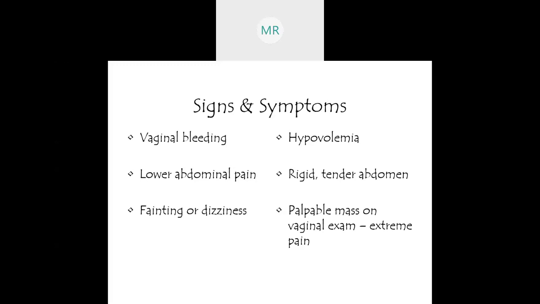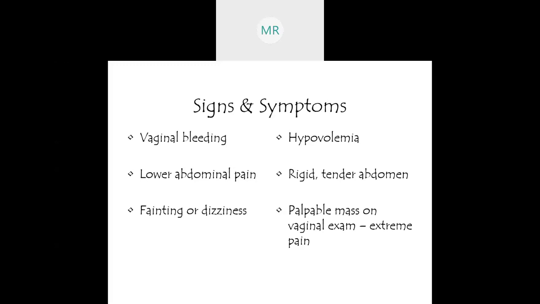Risk factors before we continue on with signs and symptoms are acquired sexually transmitted diseases that she has a history of, pelvic inflammatory disease that she has a history of, or if she has a history of using an intrauterine device, an IUD. And remember again that usually it's discovered by the 8th week of pregnancy.